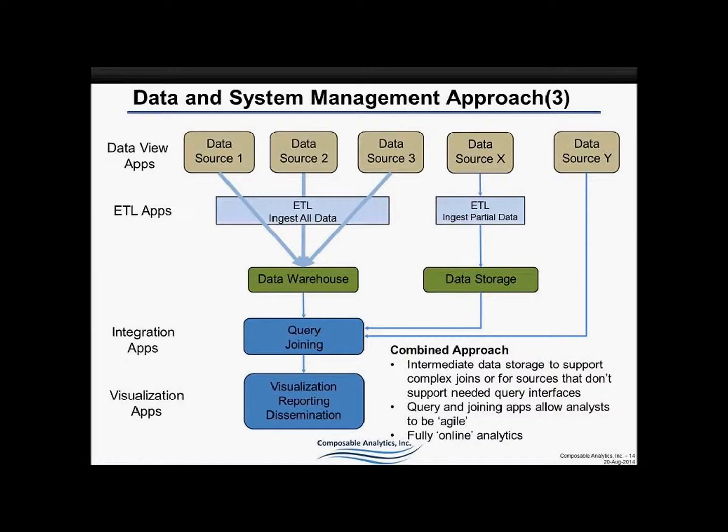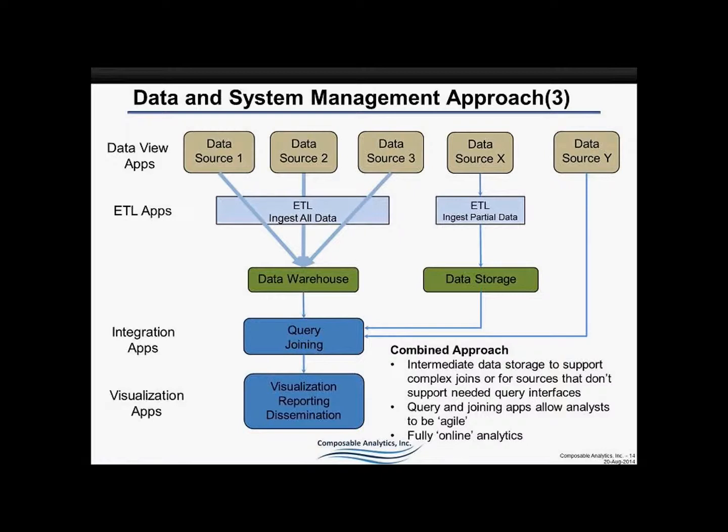And so this is a combined approach that you can do with Composable Analytics. That's combining those two that I just showed you, where you might have a large data repository or warehouse that's bringing in massive swaths of data from many different sources. But you can still be agile, right?